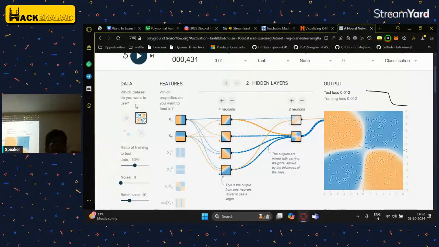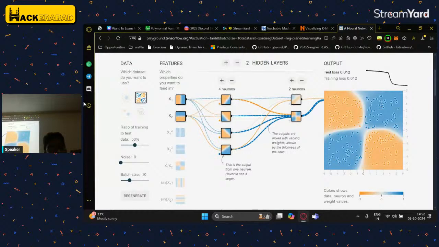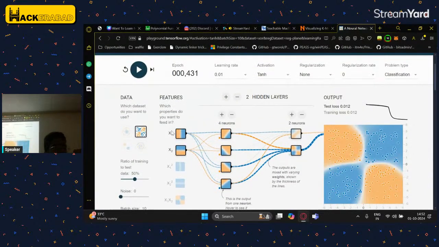Now, this particular neural network has 3 layers. First one is the input layer. We have only 2 inputs, so we are giving these two. And how many classes are there in this graph? 2 classes. Yes, 2 classes.